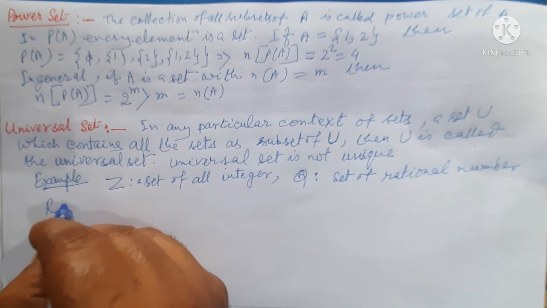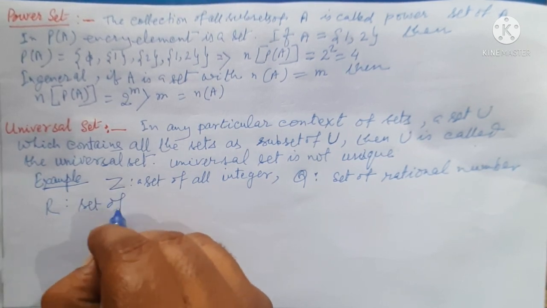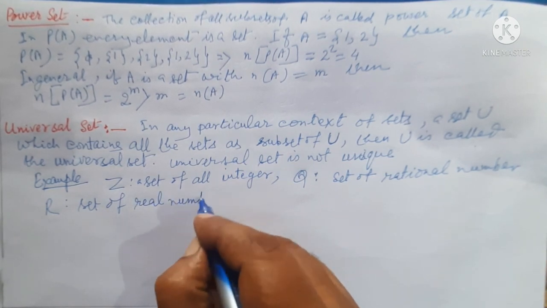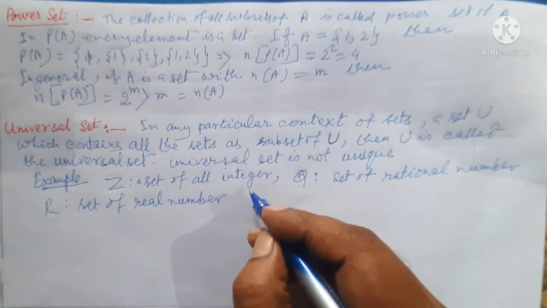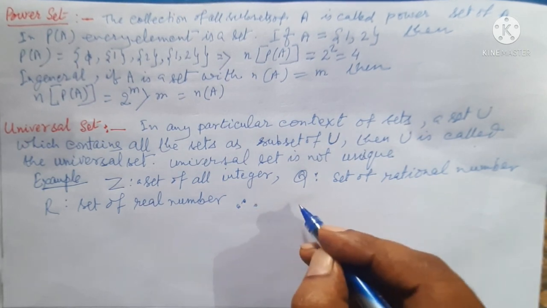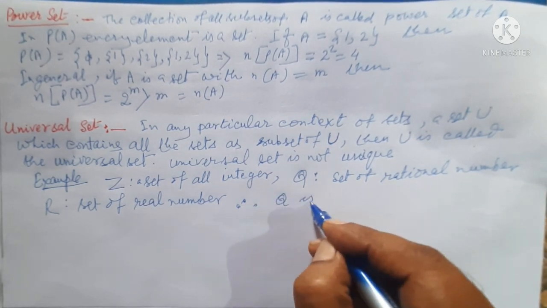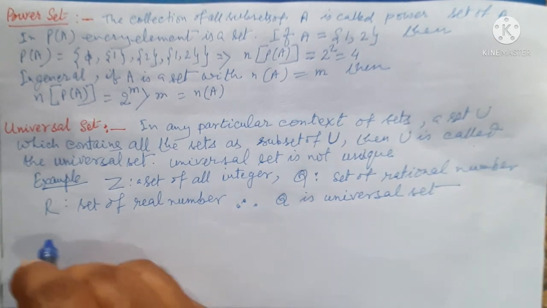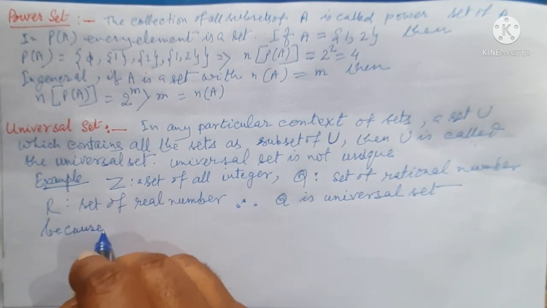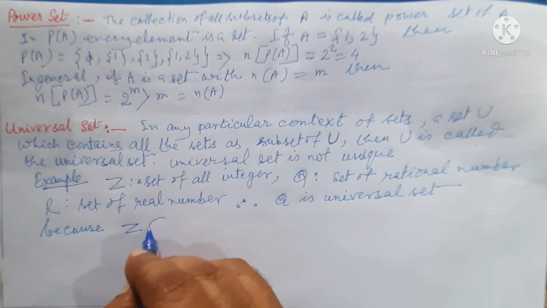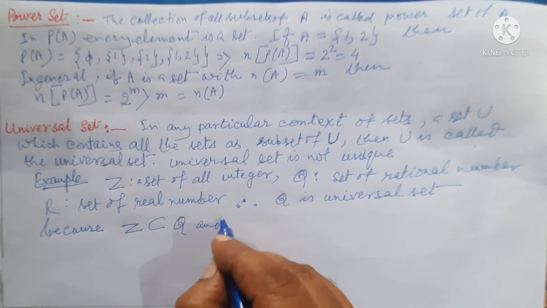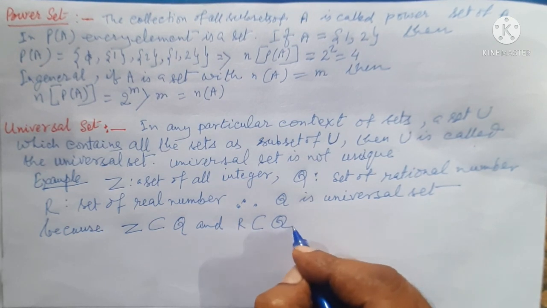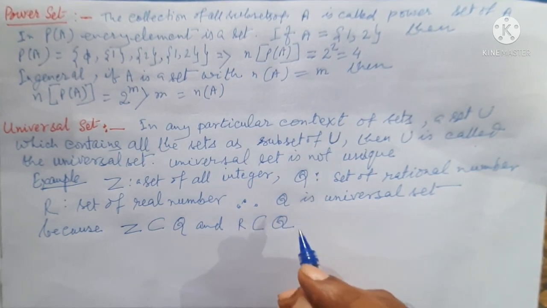R is the set of real numbers. Therefore, you can say Q is a universal set because Z is a subset of Q and R is a subset of Q. It means you are understanding.